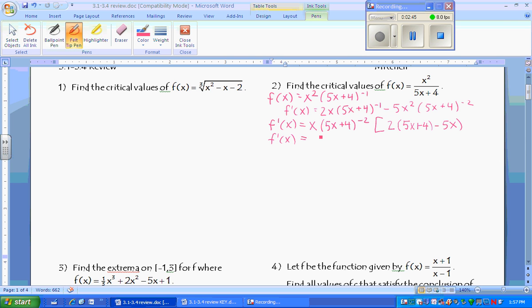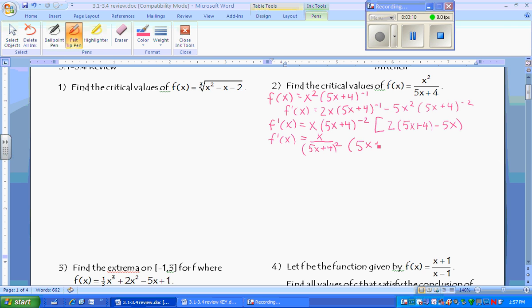You'd get x over 5x plus 4 squared, since the negative 2 exponent, you just bring it down. And then inside, once you multiply the 2 times the 5x, you get 10x. 2 times 4 is 8, and minus 5x, so 10x minus 5x is 5x.